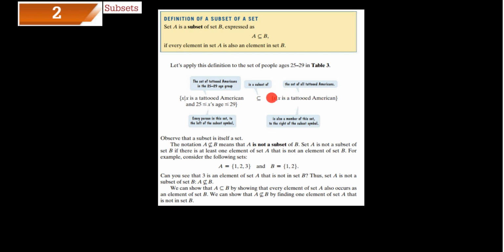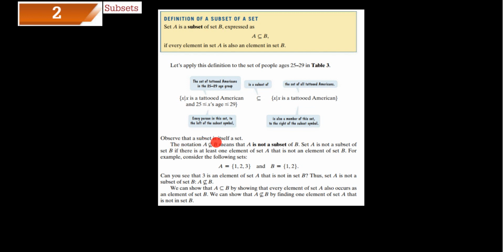That makes sense, because tattooed Americans are of all ages, but this particular number is specifically for the age group 25 to 29, including 25 and including 29. So we can see how this is a subset of that.